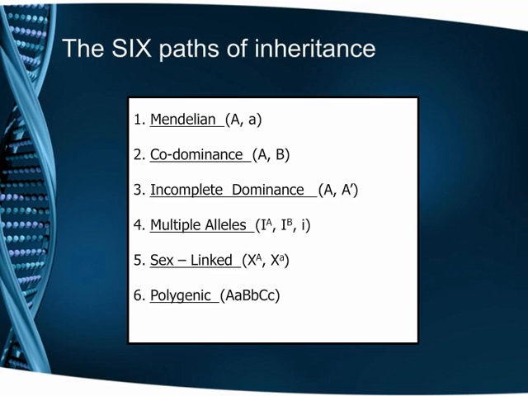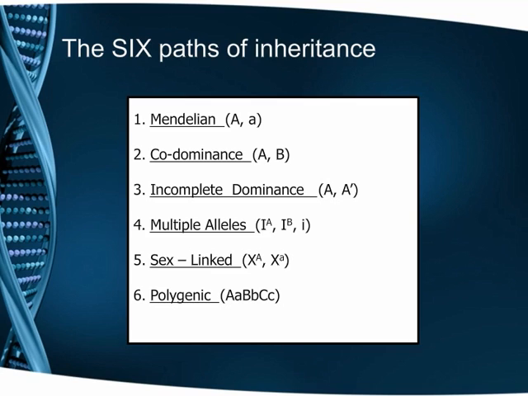Multiple alleles is a type of inheritance where there are more than 2 possible alleles. For example, human blood type. In human blood type, we have 3 possible alleles. We have IA, IB, and little i.